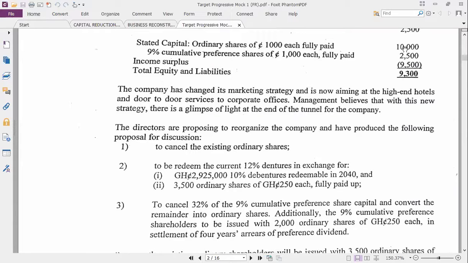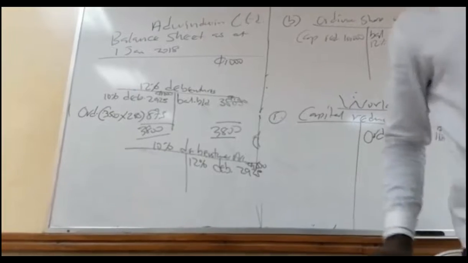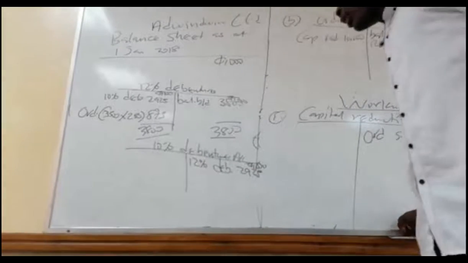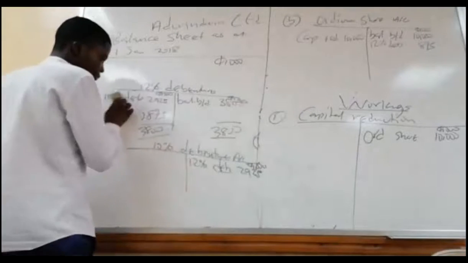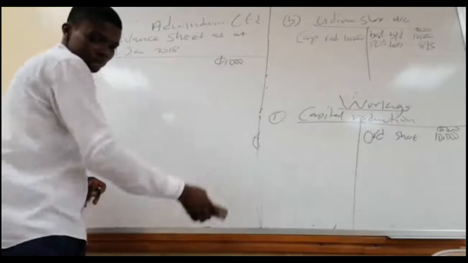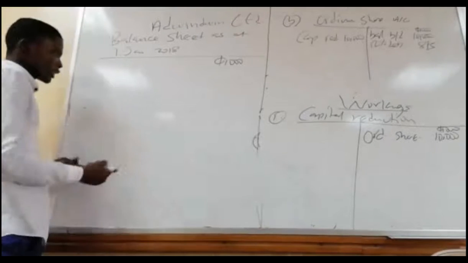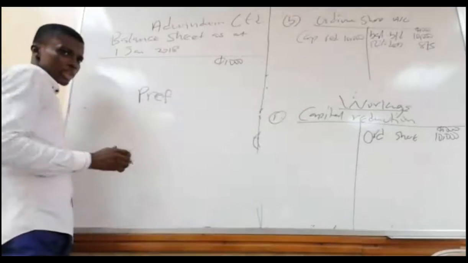So let's go to the board. Open the preference shares account. I'll clean the debenture because it has a balance, so I want to clean this side and then do it there. They say we should cancel 32%, so I write here preference shares.